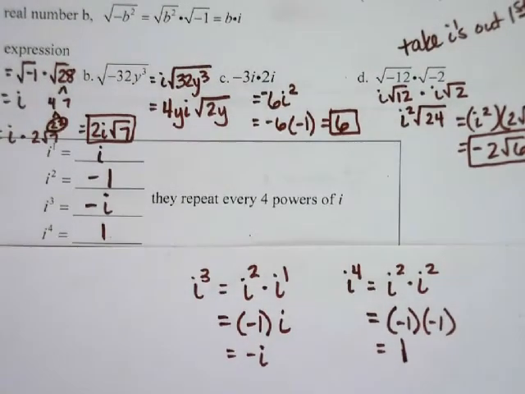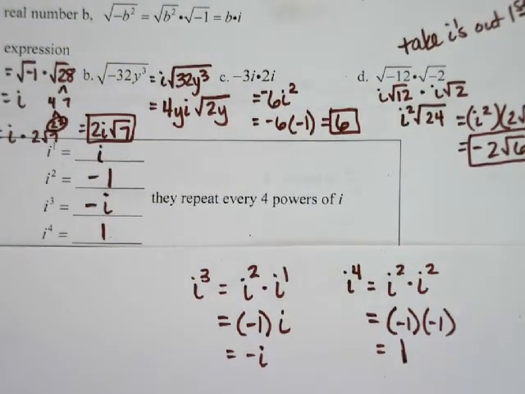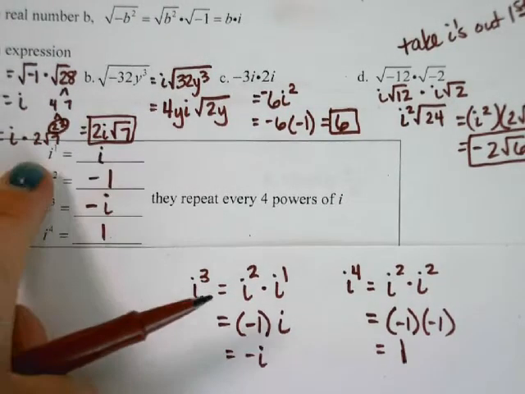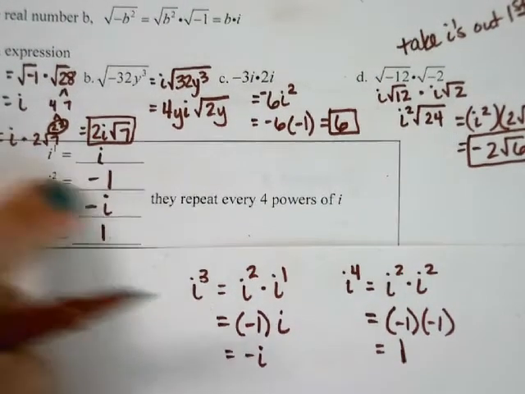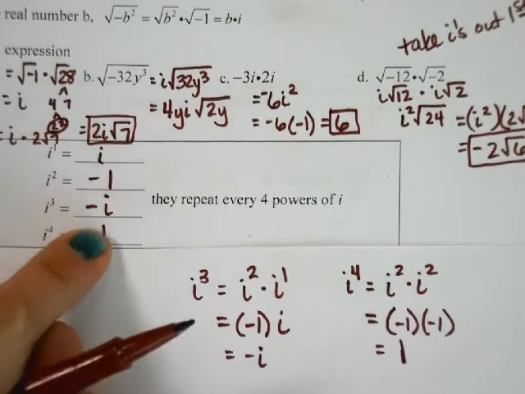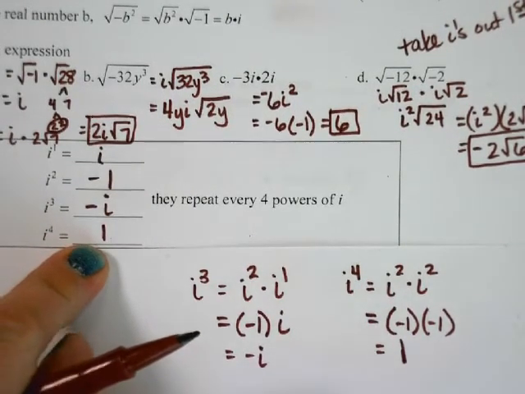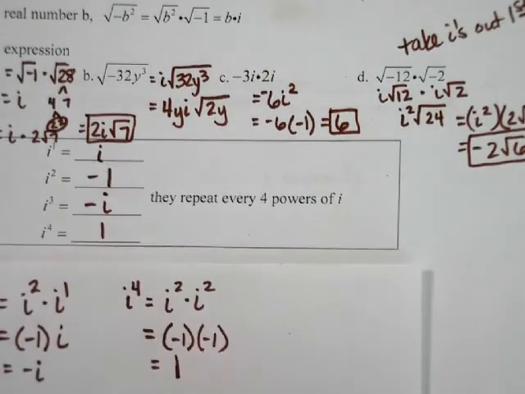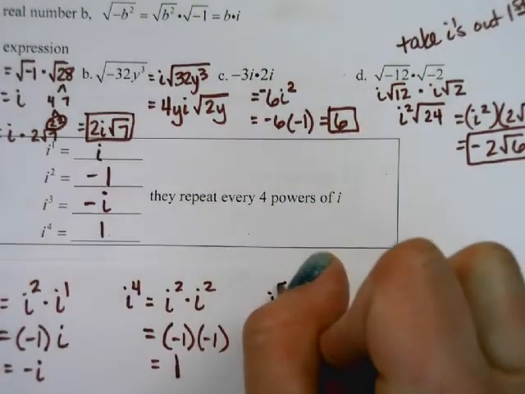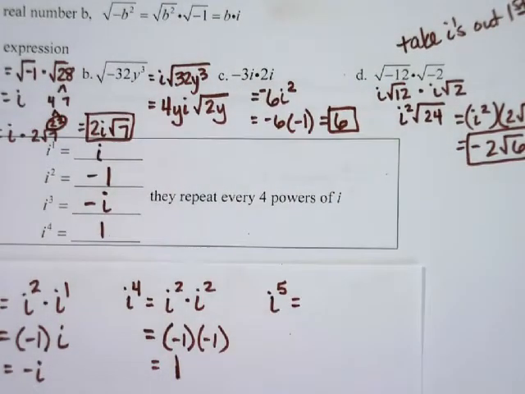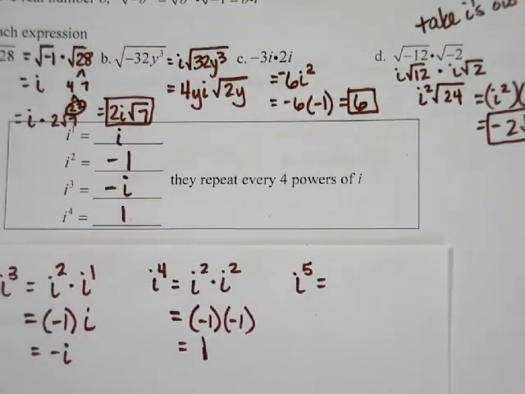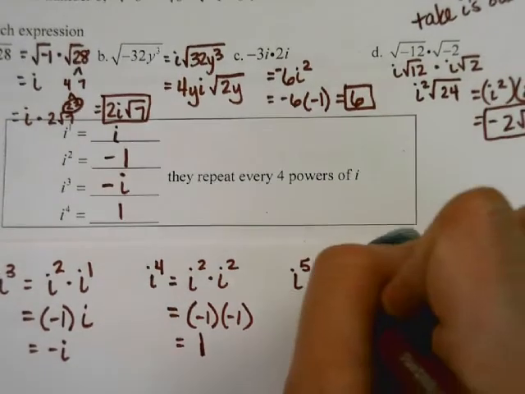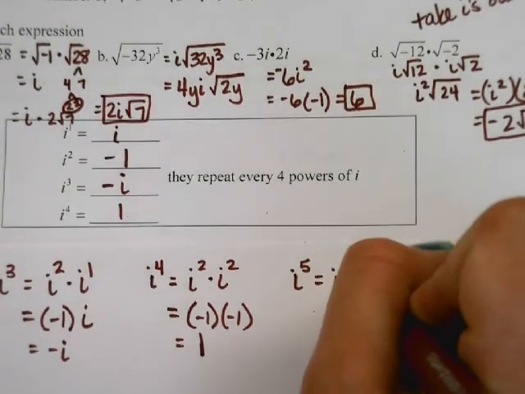Now it says it repeats every 4 powers of i. Let's check it to make sure it works, because that's saying that this should be i to the 5th, and then i to the 6th, and i to the 7th, and i to the 8th. That's what that means, right? So let's check i to the 5th. How could I rewrite i to the 5th? i squared times i squared times i.